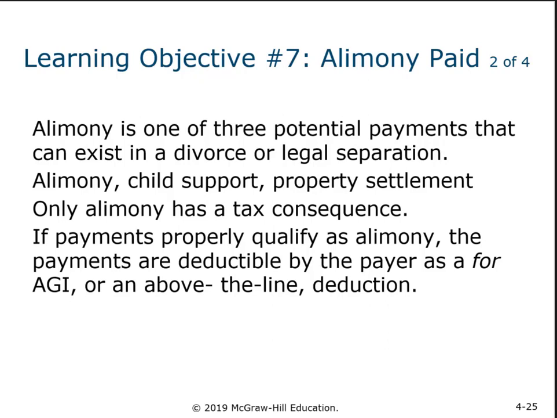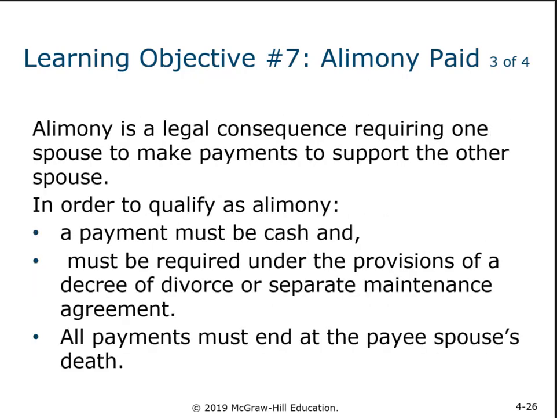Child support is not deductible and not included in income. Only alimony has a tax consequence that affects AGI. It is for AGI, or above the line, for the paying spouse, if it qualifies as alimony.